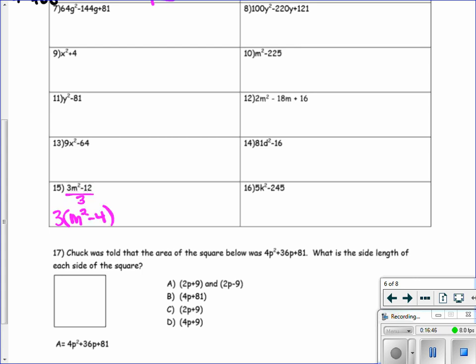Okay, now run through the checklist. After we just did that, do we now have two terms separated by a subtraction sign? And are they both perfect squares? Okay, then they follow that checklist, they're good to go. That means they can be rewritten as a difference of squares, which would be 3, and then what are the two parentheses? M plus 2, and then m minus 2.